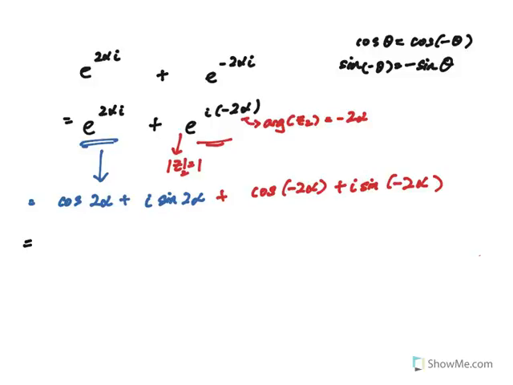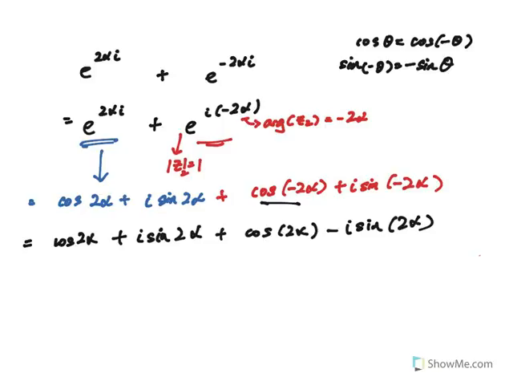So cos 2 alpha plus i sine 2 alpha we keep, and the right hand side is cosine 2 alpha minus i sine 2 alpha. With that, these two will cancel off. You are left with 2 cos 2 alpha, and you can see that this is purely real. There is no imaginary part to this complex number, and we are done. We have shown that this is purely real, so therefore shown.